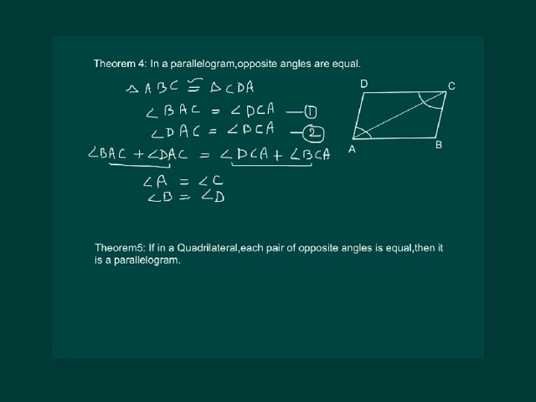Also, the converse of theorem 4 is true. It states that if in a quadrilateral, each pair of opposite angles is equal, then it is a parallelogram.